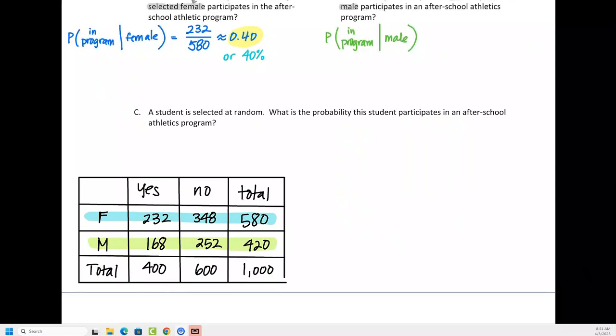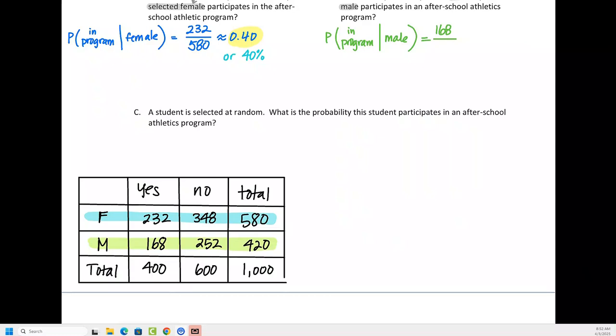So how many of these males are in an after-school program? That would be a yes, right? In a program. So how many males are in an after-school program looking at just the green row? 168, good. Okay, and then what's our total, given that it's a male? So you're only looking at the male row.